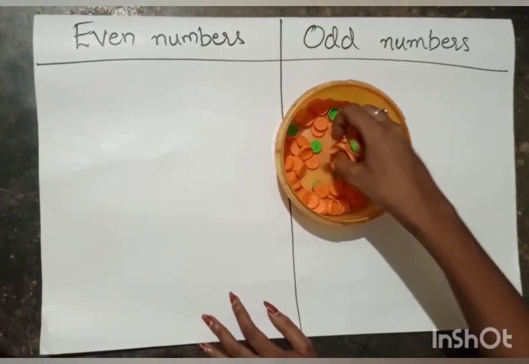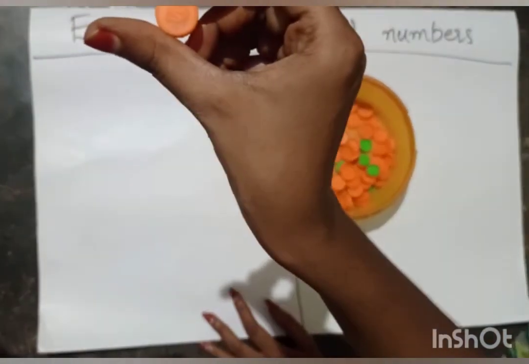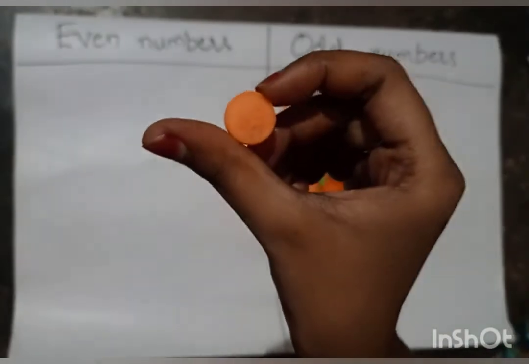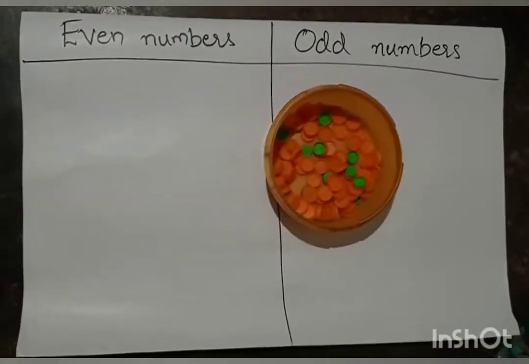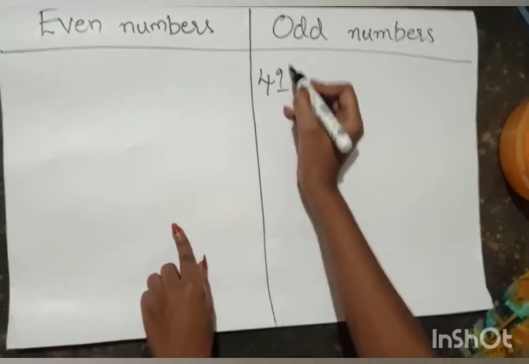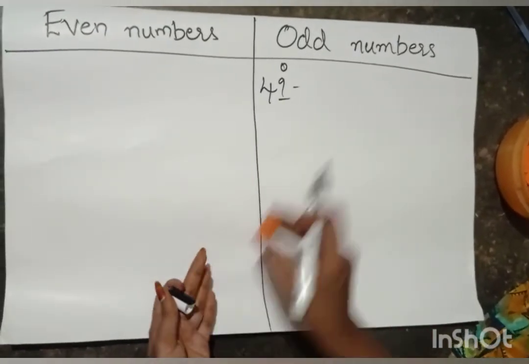So randomly you have to pick one of the numbers. See, can you see the number? This number is 49. So 49, you have to check the ones place. 9 is an odd number. So 49 is an odd number.